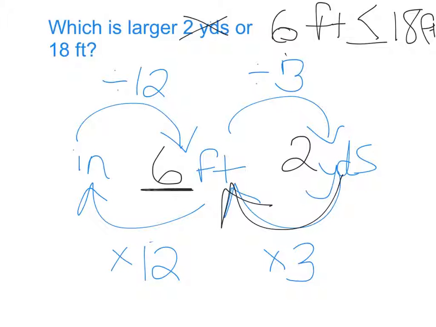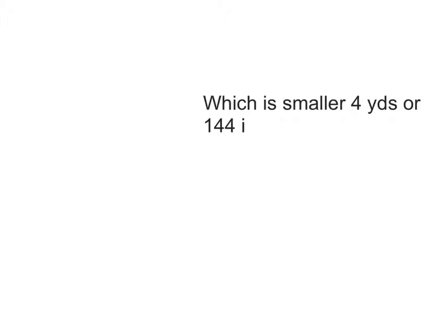Okay, we'll do one more. And then you're going to be off to do N3 on your own. We'll say, which is larger? Or actually, let's say which is smaller. We'll turn it around this time and do it differently. Which is smaller? 4 yards or 144 inches.